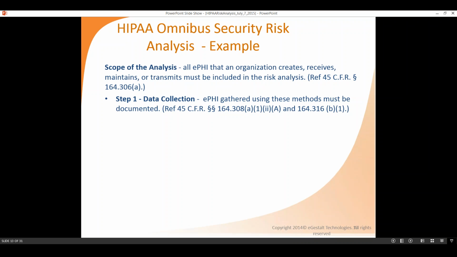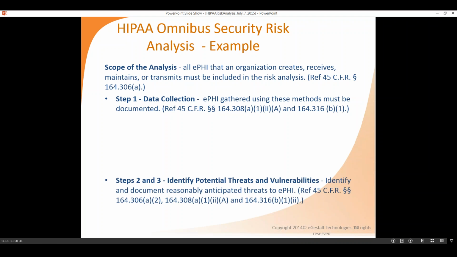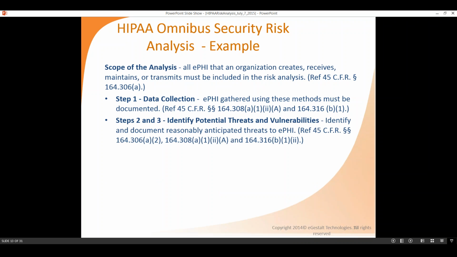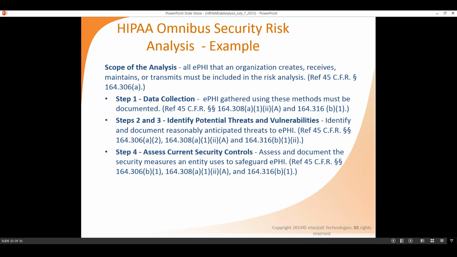In this case, any assets that touch PHI information. Touch meaning it could be used for viewing, storing, transmitting, or accessing PHI information. The next thing is to identify all threats and vulnerabilities that could be affecting these critical assets.